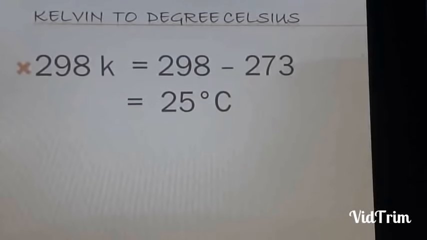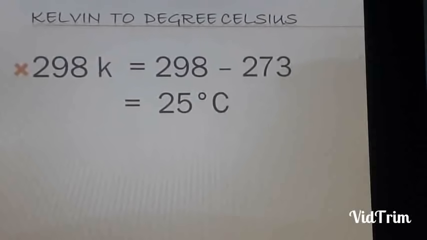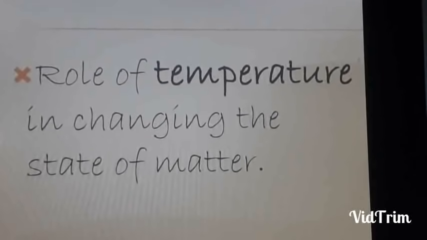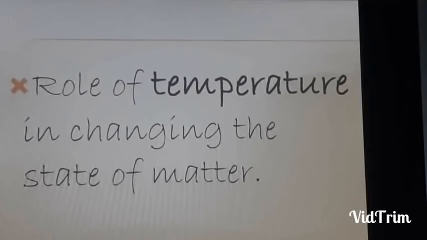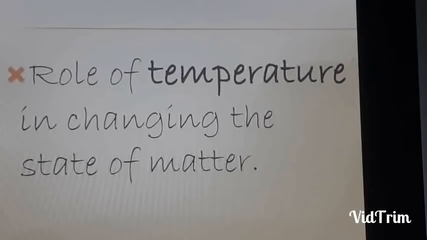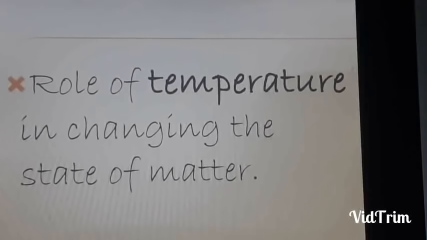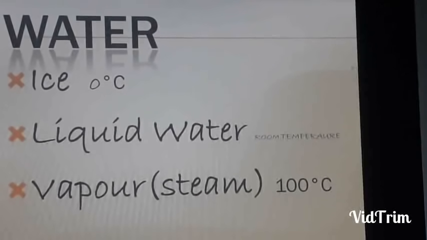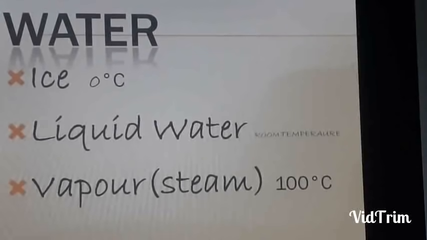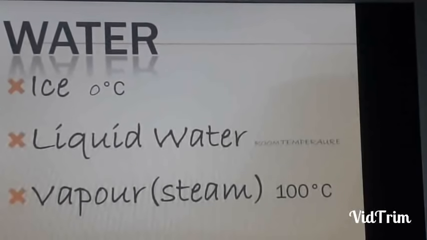Okay, so now coming back to our topic of whether we can change the state of matter, the first thing we observed is that we can definitely change the state of matter with the help of temperature, because it is our observation that water can exist in 3 different states at different temperatures, right?